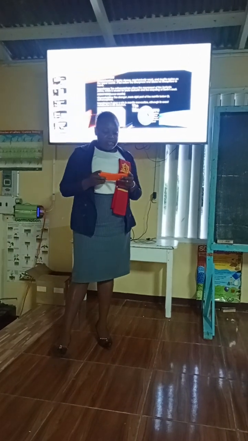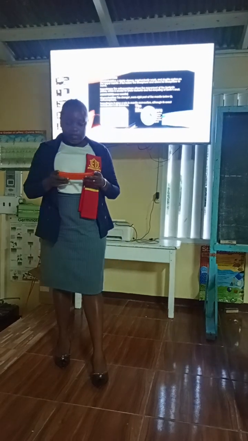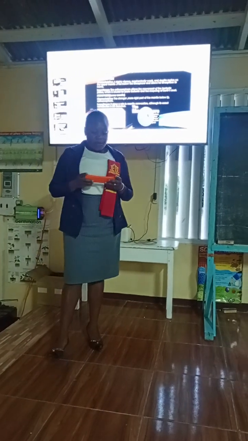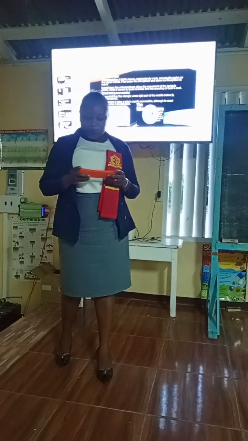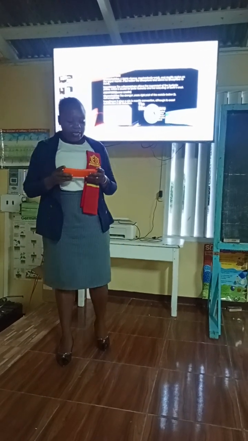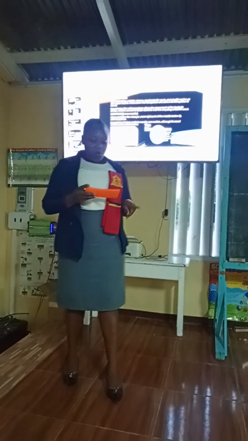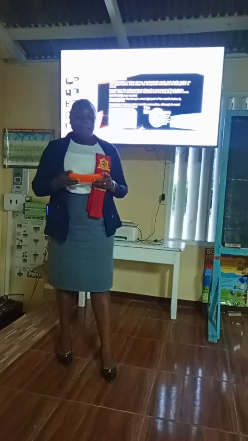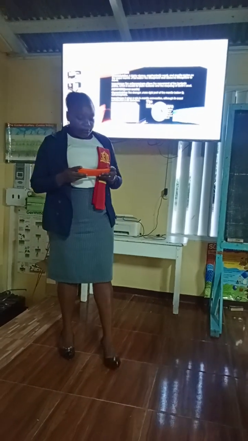Lithosphere. This is the outermost rigid layer composed of the crust and the uppermost part of the mantle. It is broken into tectonic plates that move and interact, causing volcanic activities and mountain building. Asthenosphere.